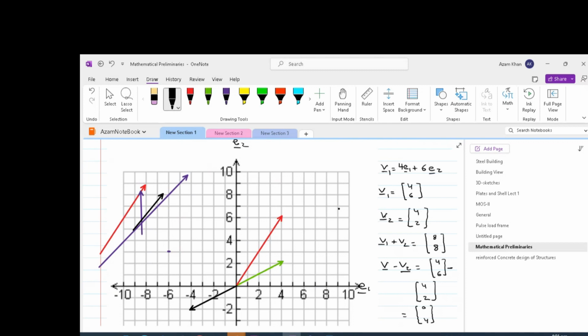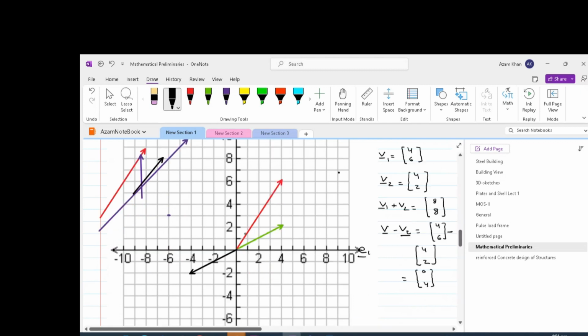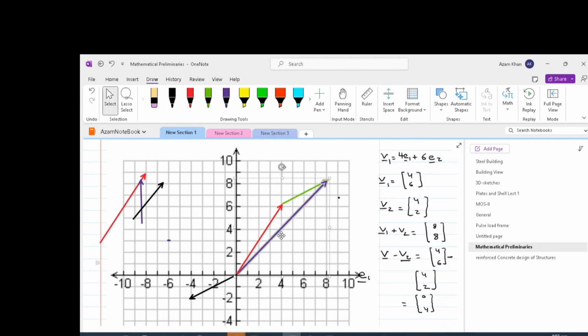Vectors v1 and v2 can be linearly combined, and we can get any vector within the E1, E2 space or within R2 space. So the resultant of these two vectors is a blue vector whose components are 8 and 8, and we get them by adding v1 plus v2.